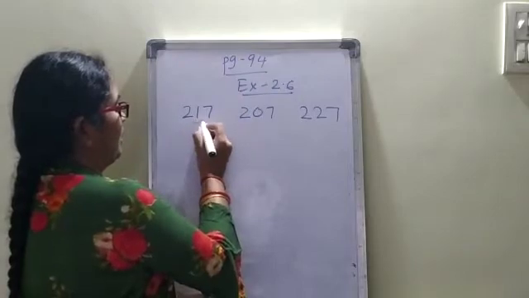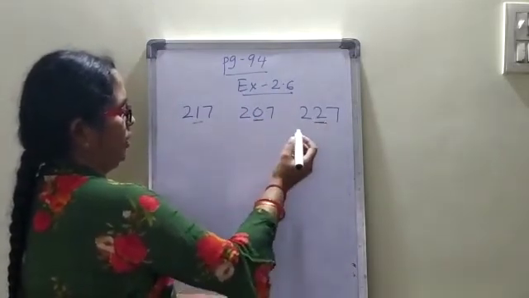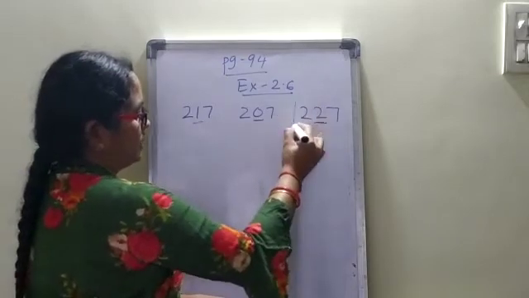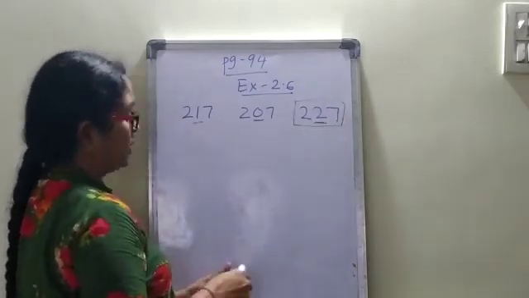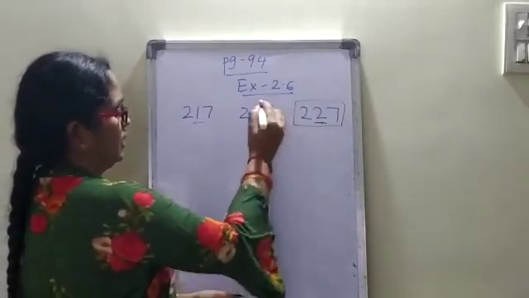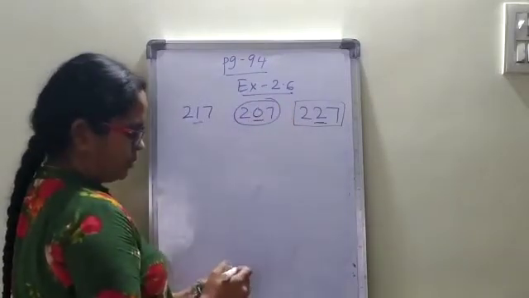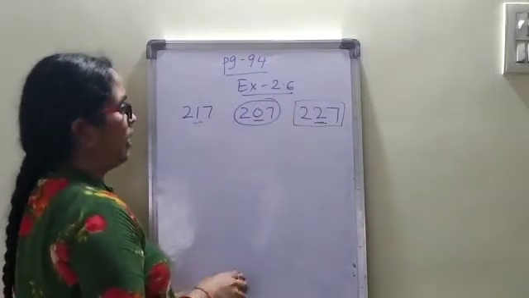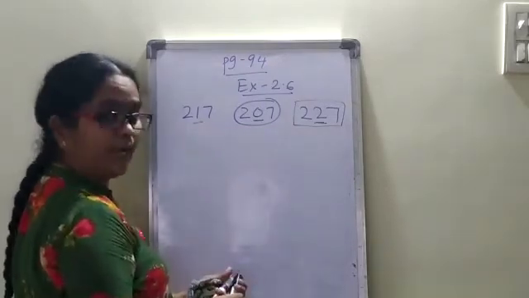When we compare numbers in the tens place, you find that 2 is greater than all these. So 227 is the greatest number, and 207 is the smallest number. So 3 numbers will be given, you have to find the smallest and the greatest number. This is one type of problem you have.